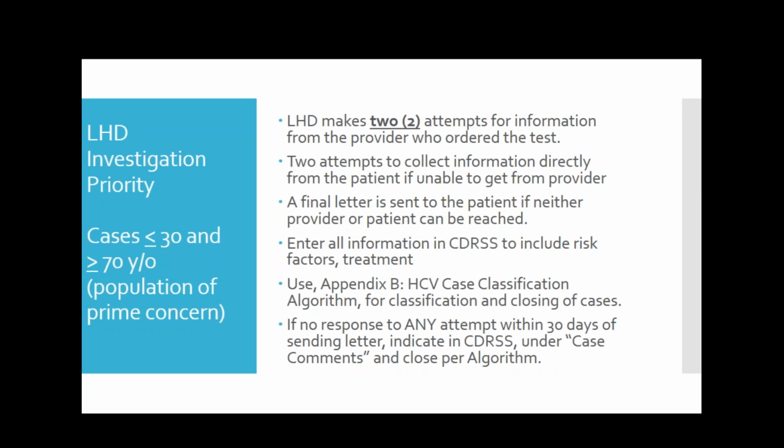Please enter all information in CDRSS to include risk factors and treatment. Use Appendix B, which is the HCV case classification algorithm, for classification and closing of cases. If there is no response to any of the attempts within 30 days of sending the letter, indicate in CDRSS under case comments and close per algorithm.